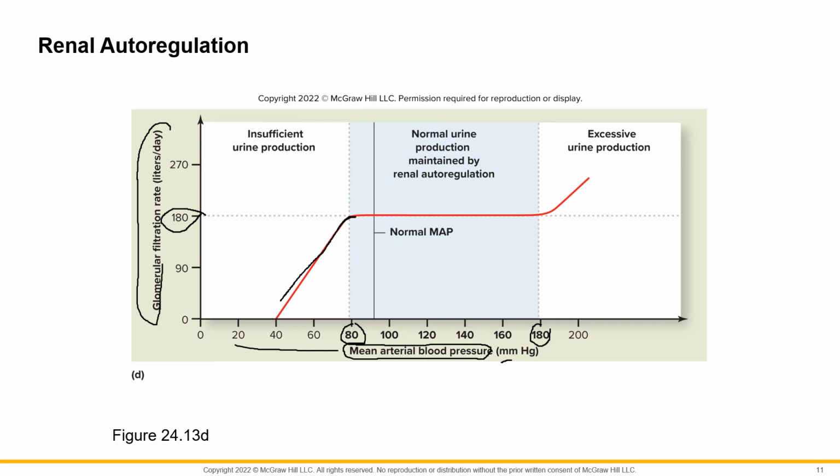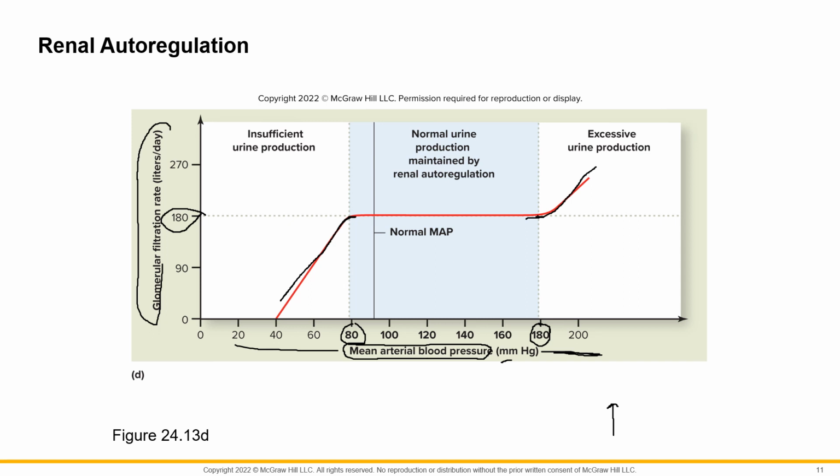So if something happens and you're overhydrated, or you're stressed, let's say, your blood pressure goes up, your blood volume increases. Your blood volume increasing is going to increase your blood pressure. So when blood pressure increases, so does GFR.